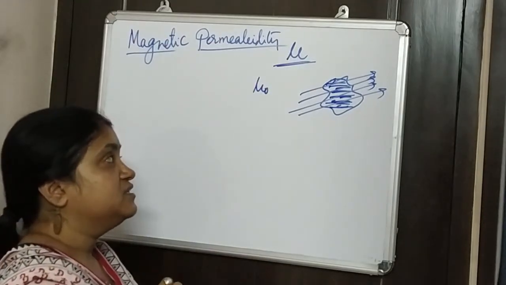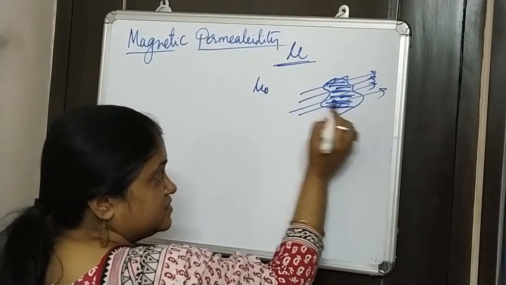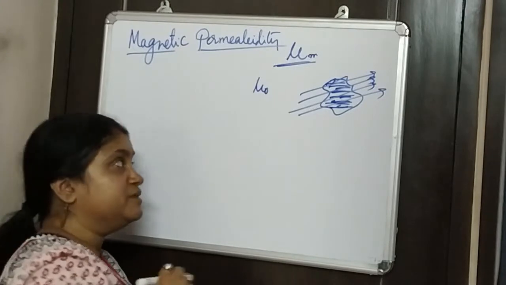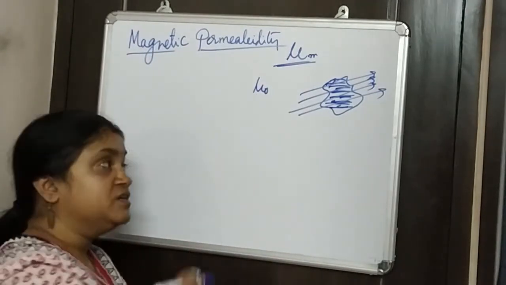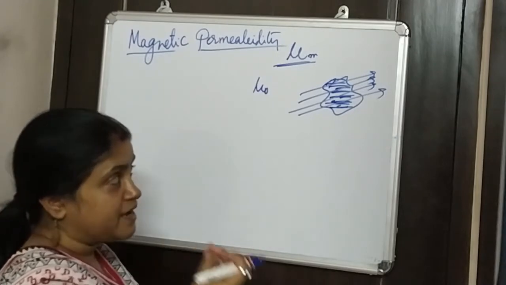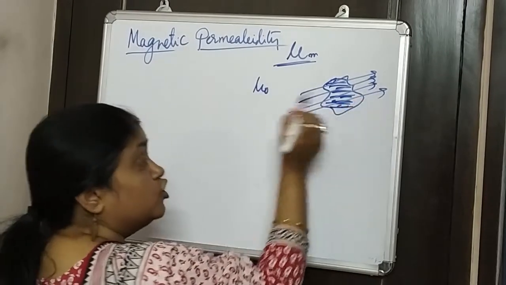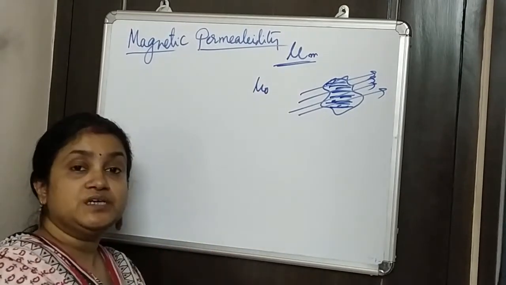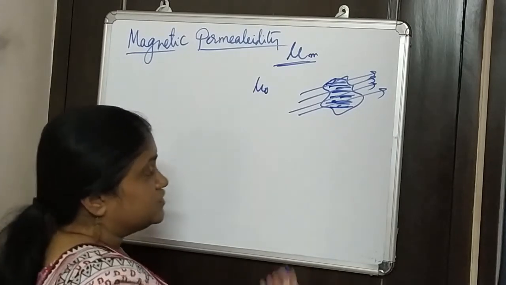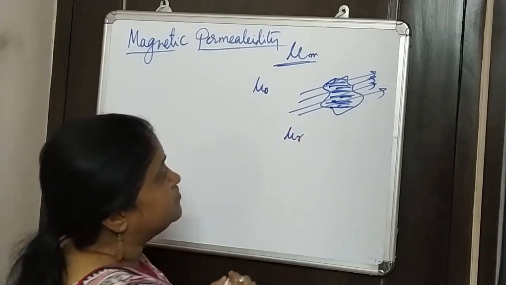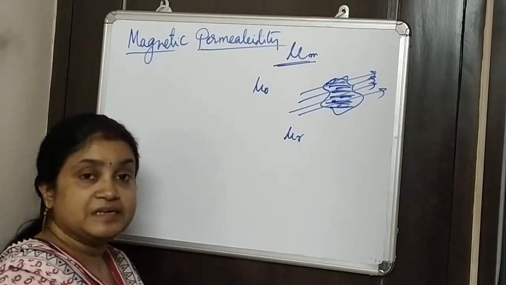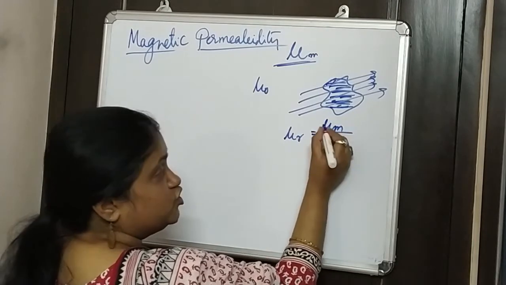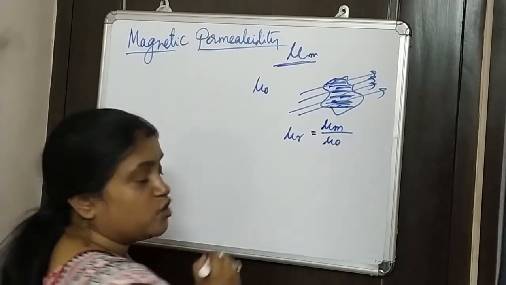For a particular medium, say M, it is mu M. There is something called relative magnetic permeability, mu r, which is equal to the ratio of mu M by mu naught.